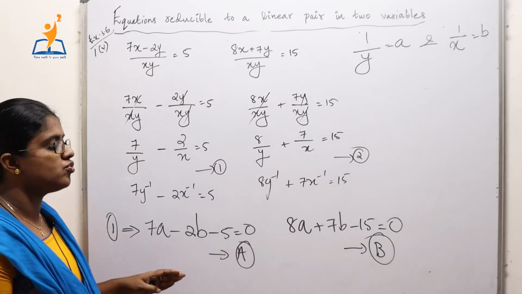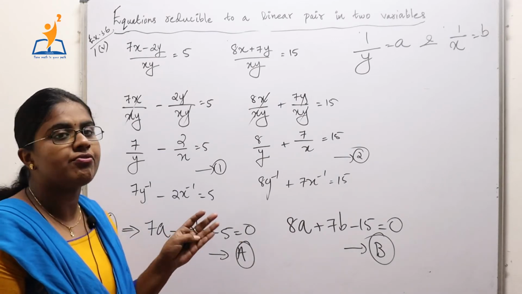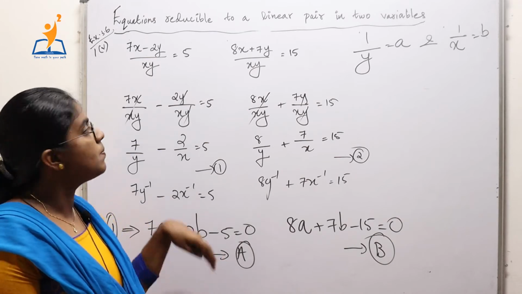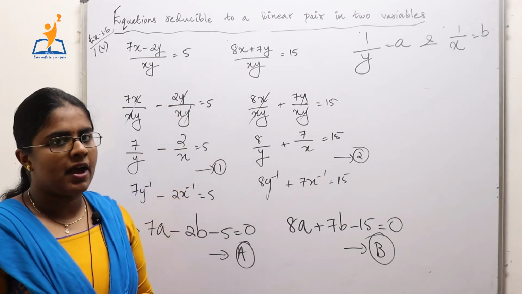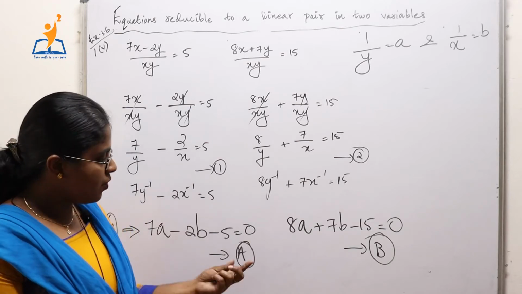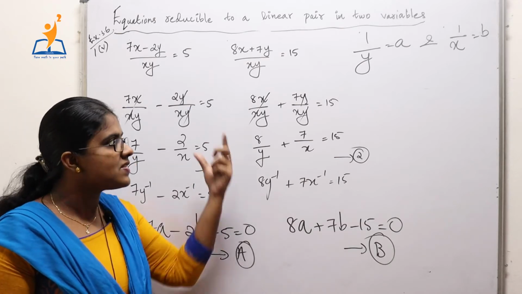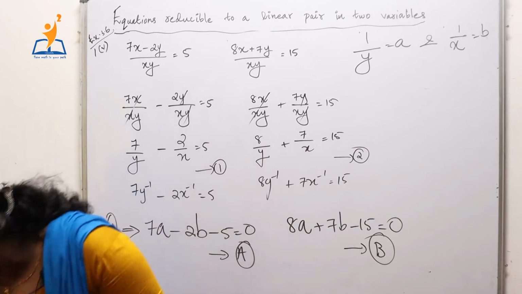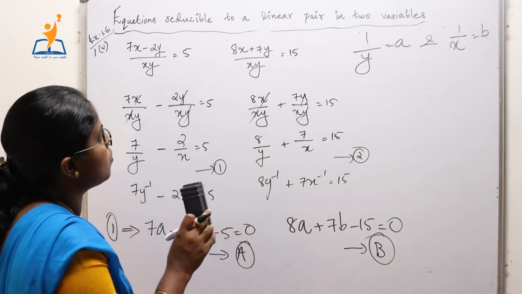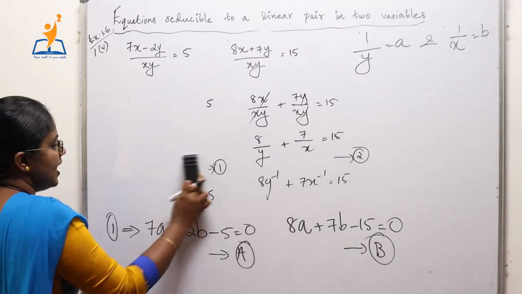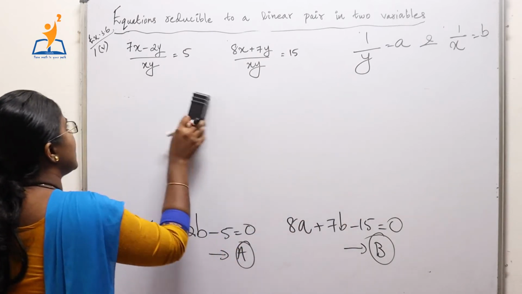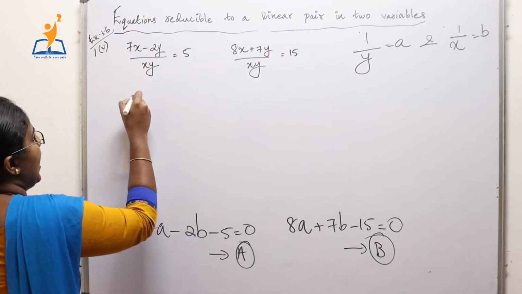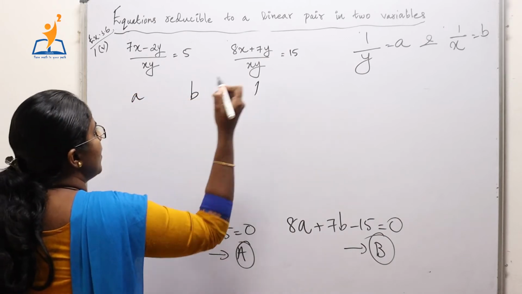So we got two linear equations, that is a pair of linear equations in two variables corresponding to this non-linear pair of equations in two variables. So we want to solve these two equations. For that we are using the cross multiplication method here, and for using the cross multiplication method we need the diagram for that, that is a, b, 1.